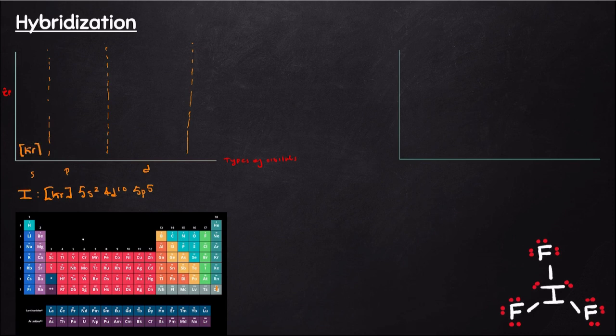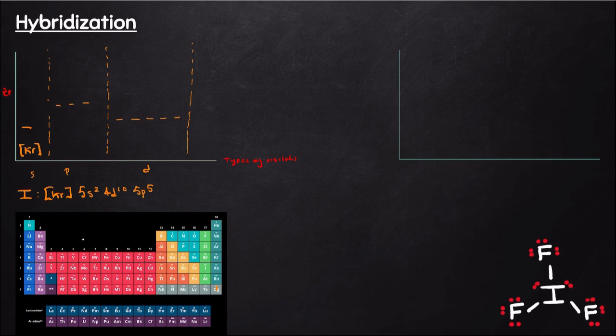Then we write down our noble gas, and then the orbitals. They will all be on top of each other, and that is how it's meant to look. P will have 3, D will have 5, and S will have 1 orbital. And that is the correct way of doing it.